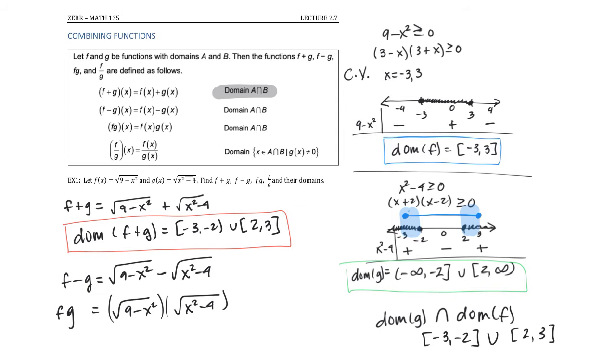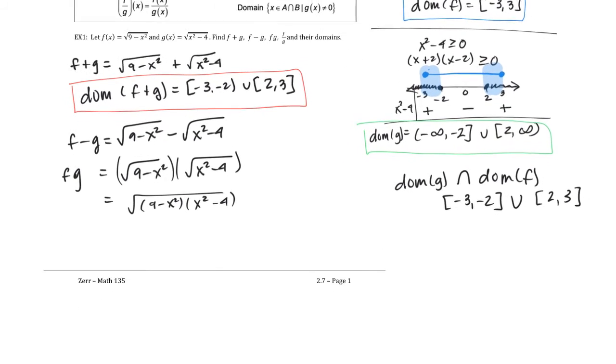And we could simplify that just a little bit. We have a square root times a square root, so that would multiply our radicands. And then we could simplify in there, we can FOIL that out.